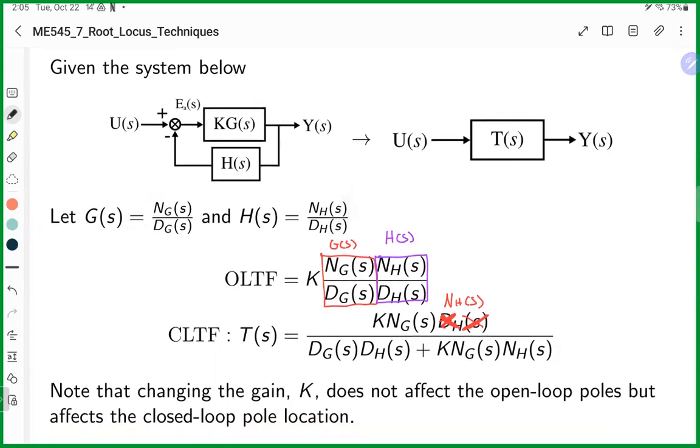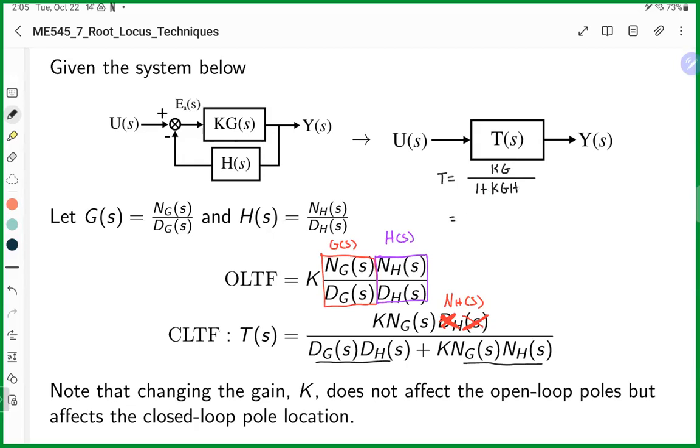Basically, we're showing here that the closed loop transfer function poles are dependent on the open loop poles and the open loop zeros. I'll derive that real quick. So the closed loop transfer function is equal to KG divided by 1 plus KGH.